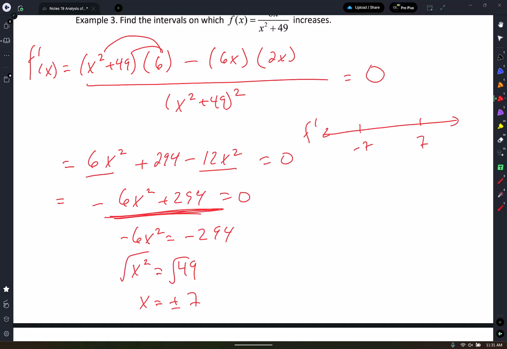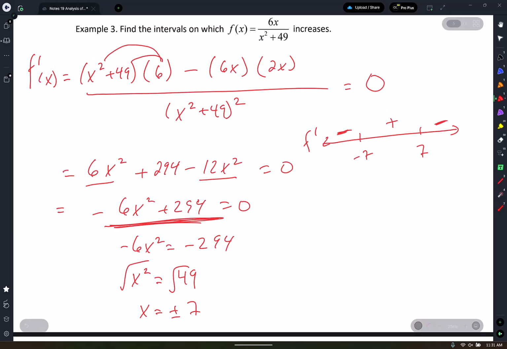Negative 600 plus 294 is negative. If I plug in a number like 0, I get 294. Do you guys see that? Positive. And if I pick positive 10, squared is 100, 100 times negative 6 is negative 600 plus 294, again negative. Where are you increasing?